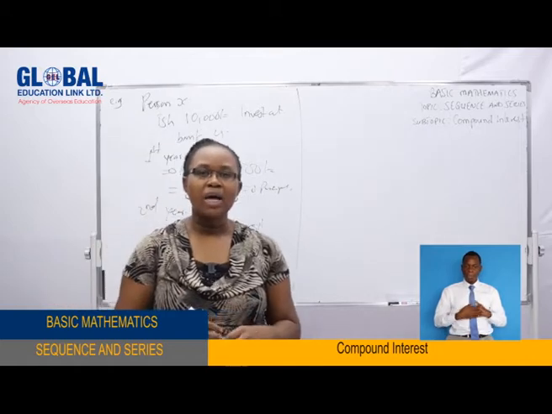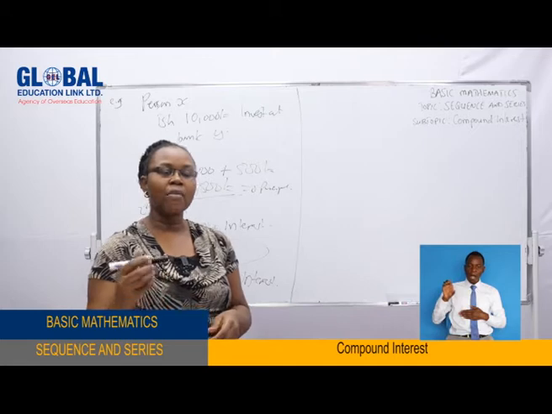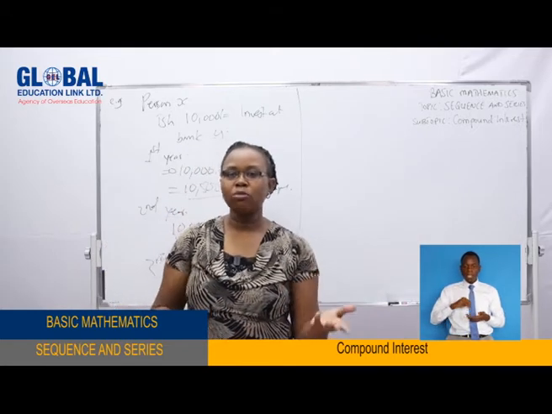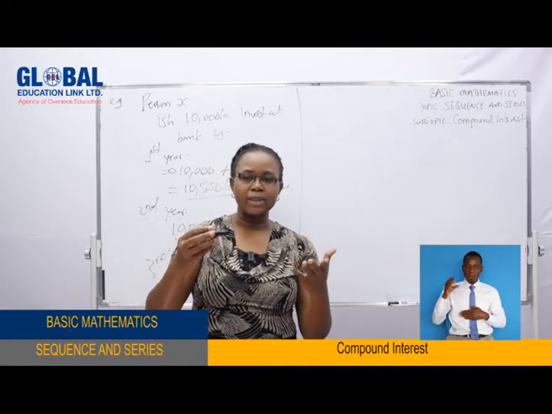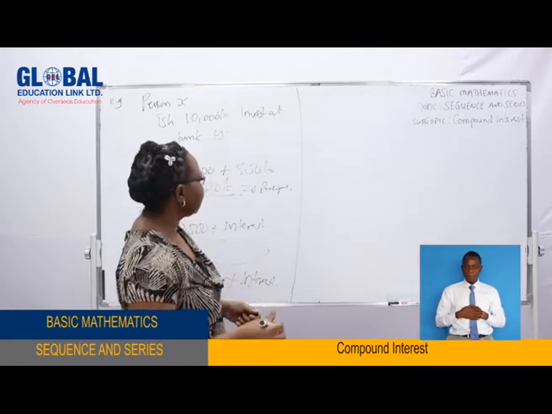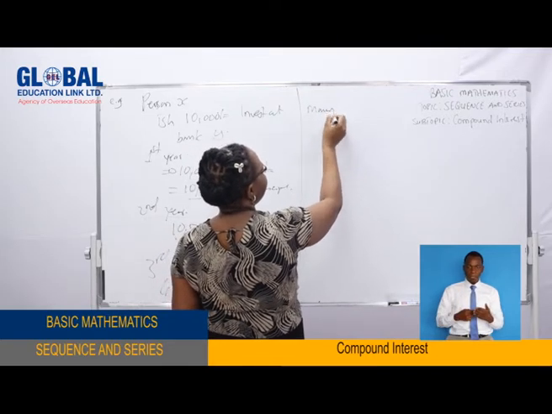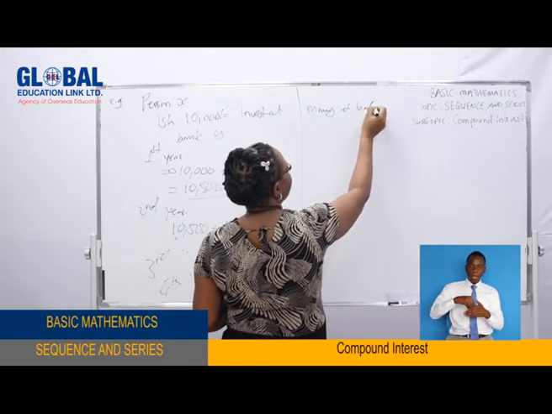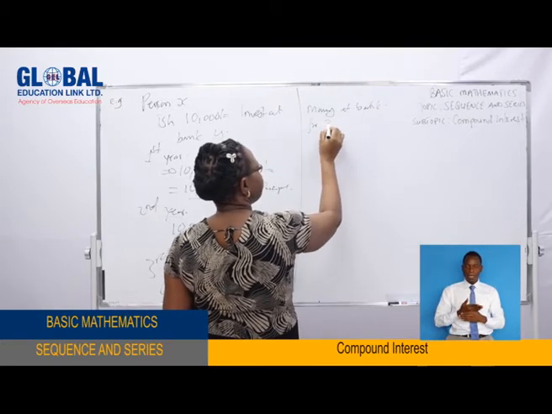My dear students, after seeing how this compound interest works, consider the amount of money obtained at the end of a certain year. Let's say that you kept the money at the bank for 3 years.